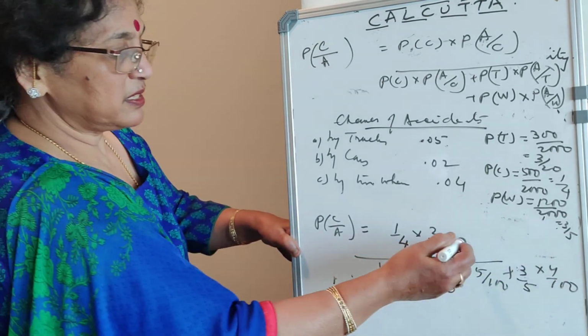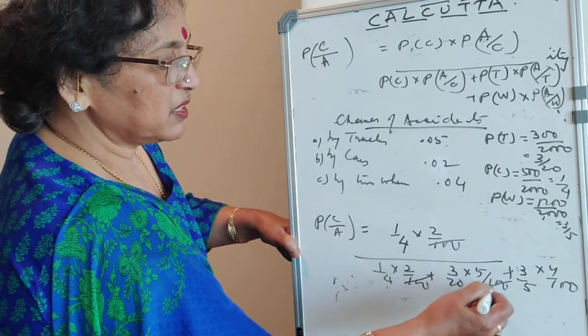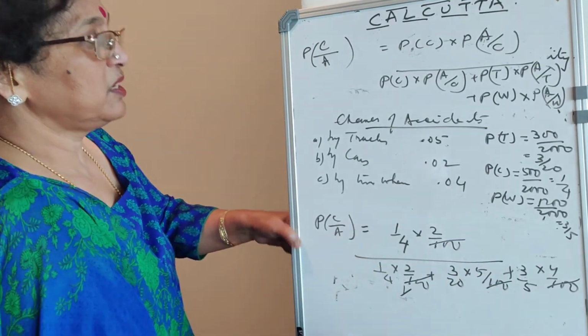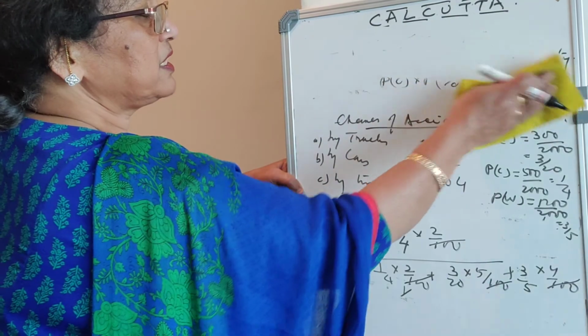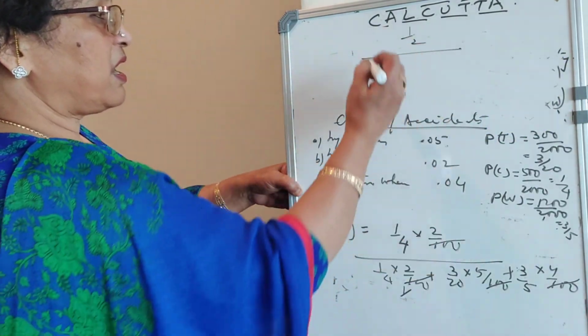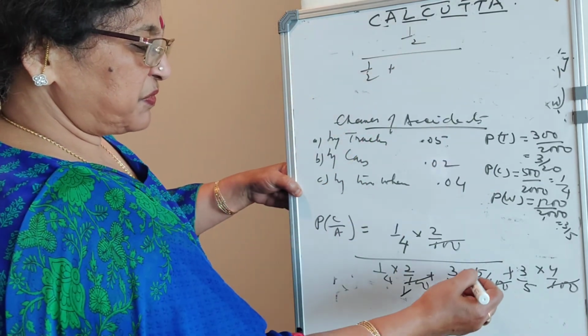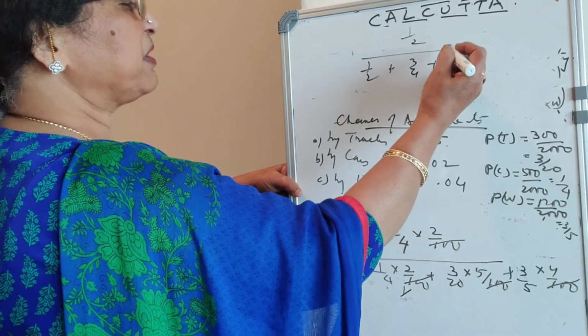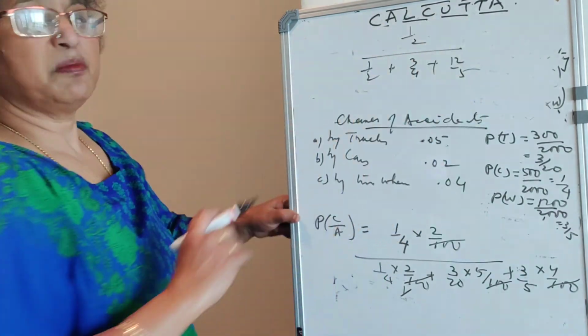Solve the sum as it is. The 100 gets cut, and you have half in the numerator. Then half divided by half plus 3/4 and here you have 12 by 5, and solve the sum as it is.